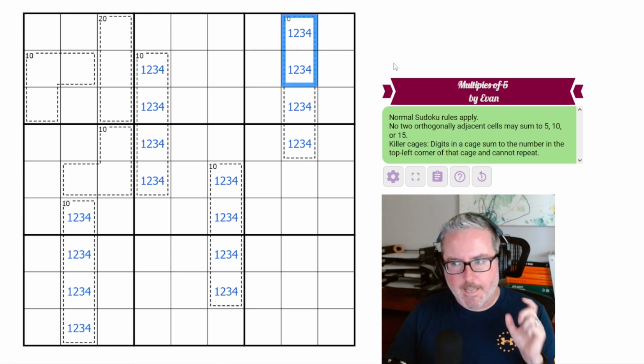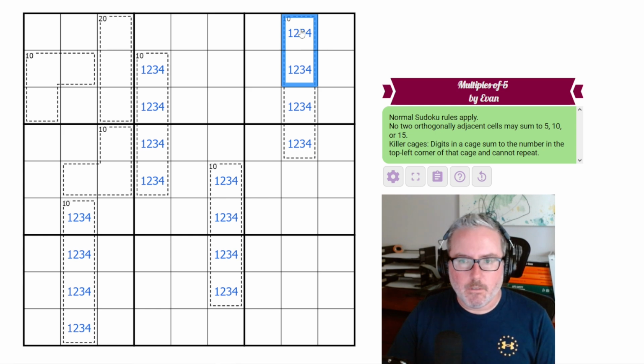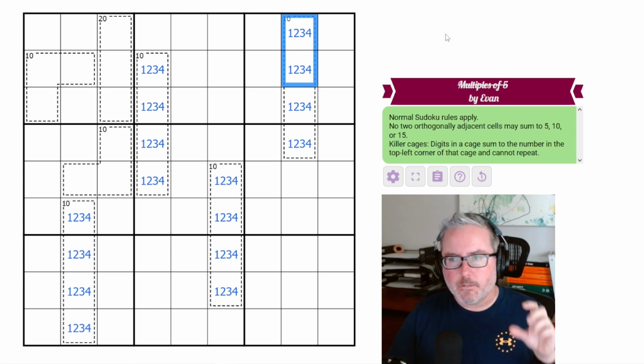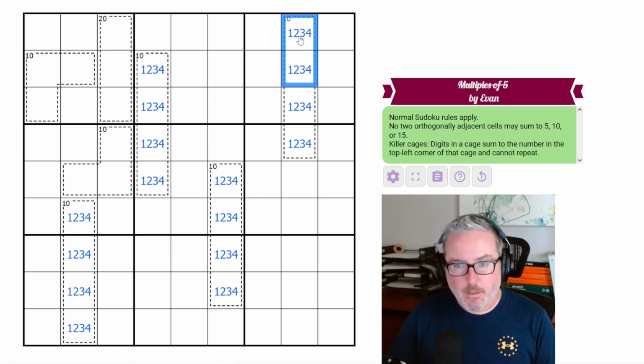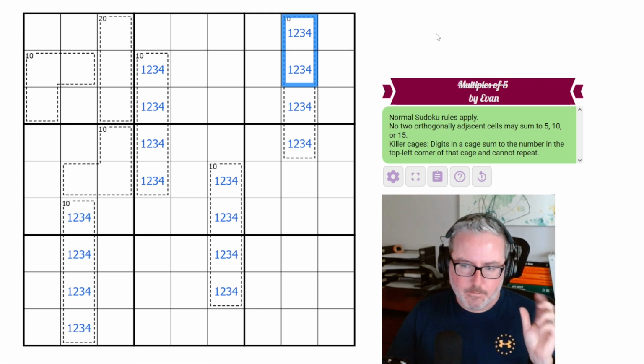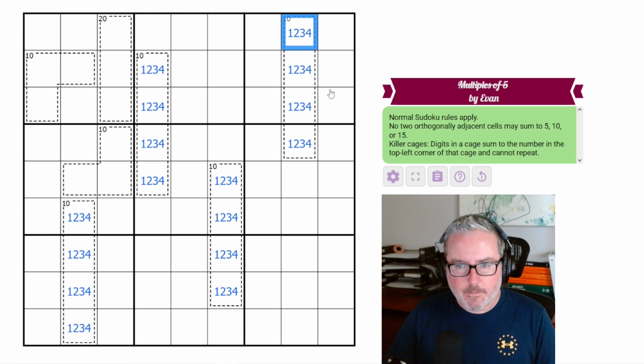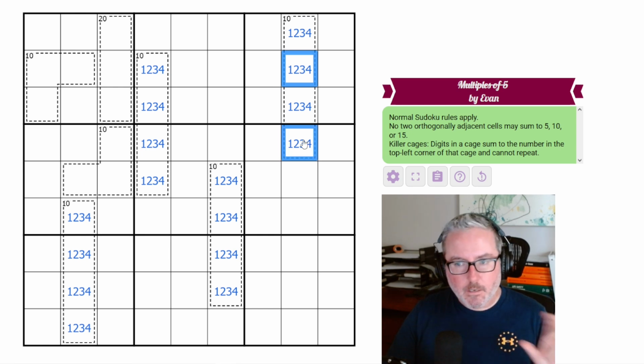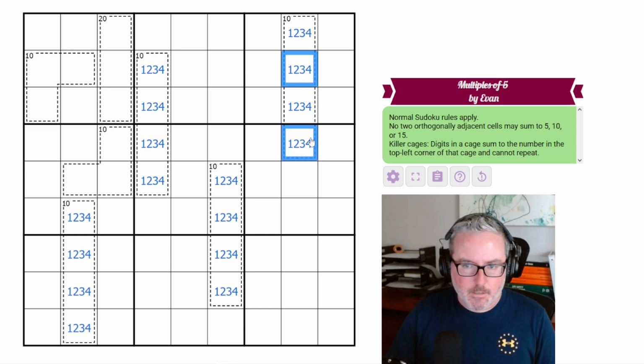But we can't do it in such a way because that would break the rule. So, if you think about what a V clue is, either it's a 1-4 or it's a 2-3. Well, if you put a 2-3 or a 1-4 next to each other, you would sum to 5. We cannot do that. So it's kind of like the opposite of the V clue, where you have to have the 2 digits that add up to 5 be separated from each other by the other set of clues, and that has to separate that one as well.